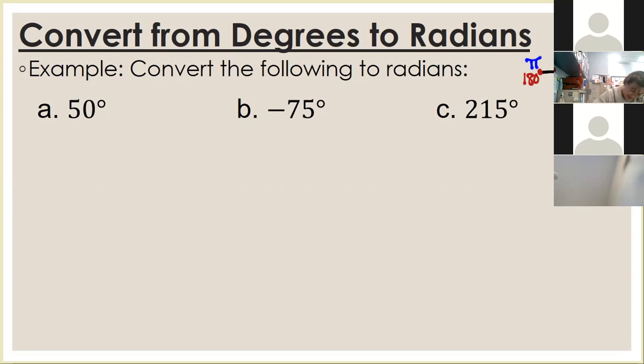And so what we have is that pi radians is equal to 180 degrees. I can use this as a ratio or as a proportion to convert between these units. Since I'm describing the same amount of rotation, I'm just using 2 different ways of measuring it.